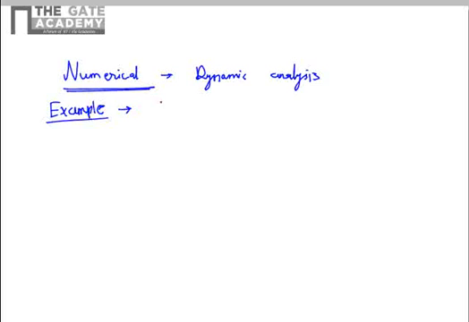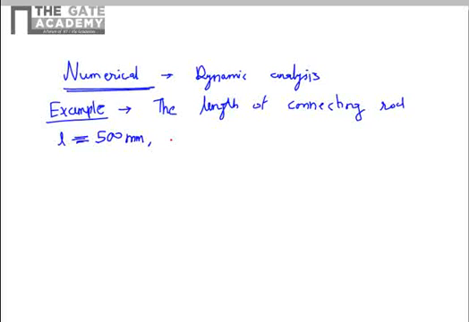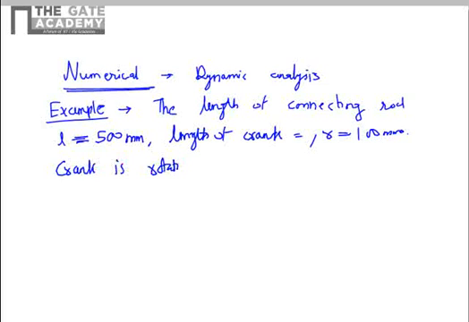The question given is that the length of connecting rod, so the known parameters, that is length of connecting rod, length of crank, etc. L is given as 500 mm and the length of the crank is given as R is equal to 100 mm, and it is given that the crank is rotating at 400 rpm, 400 revolutions per minute.